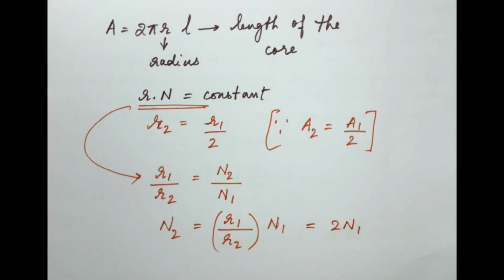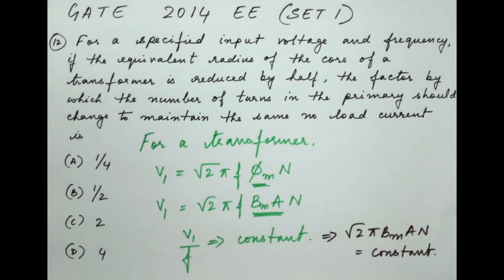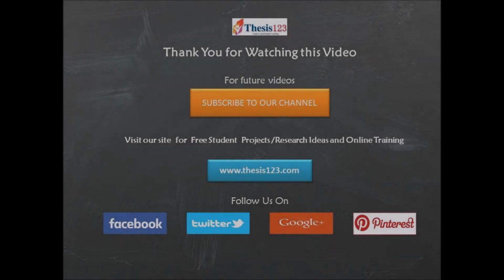Let's substitute that over here. What do we get? You will end up with 2 N1. So this means that if the radius of the core of the transformer is reduced by half, then the number of turns is increased, it is doubled. So in order to maintain the same no-load current, the number of turns required is twice that of the initial value. That is the answer.